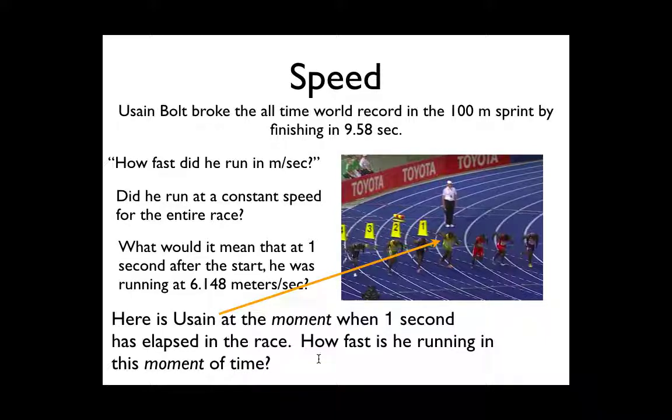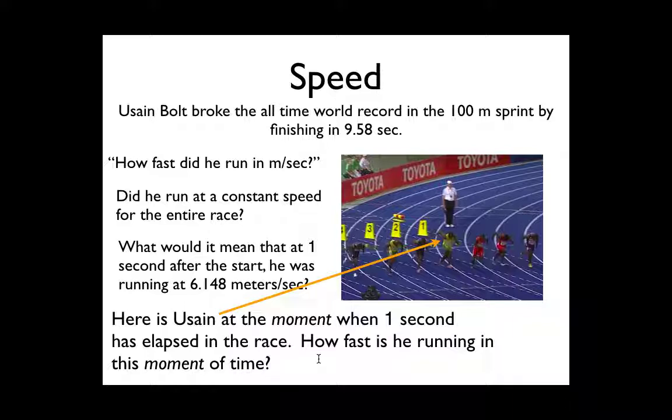So if I'm talking about this at 6.148 meters per second, in order to measure that rate, maybe I'd look at the speed at about 1 second, between 1 and 1.001 seconds into the race.